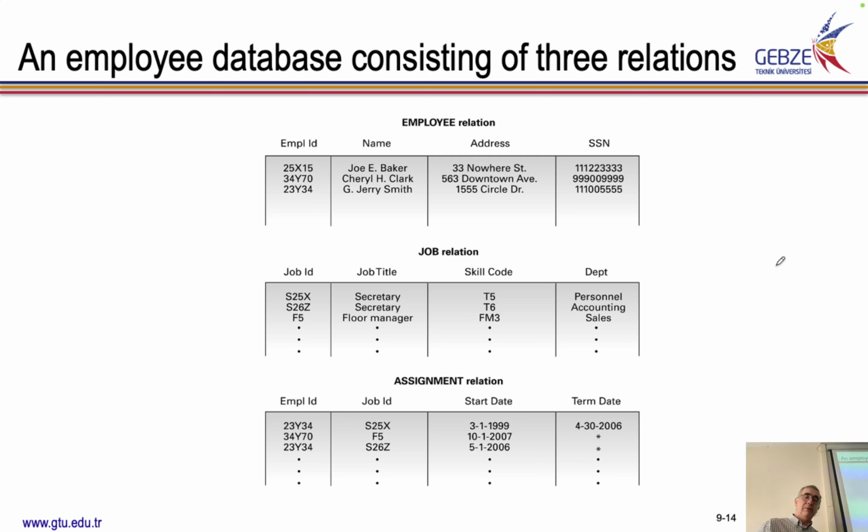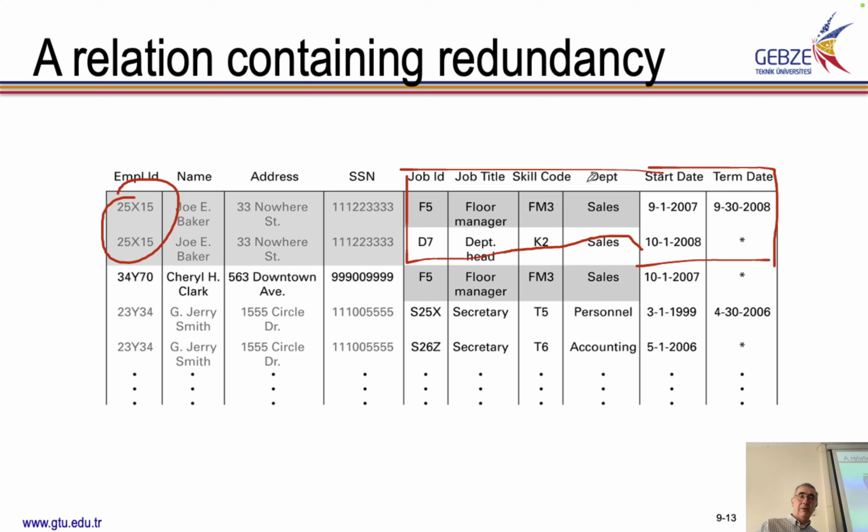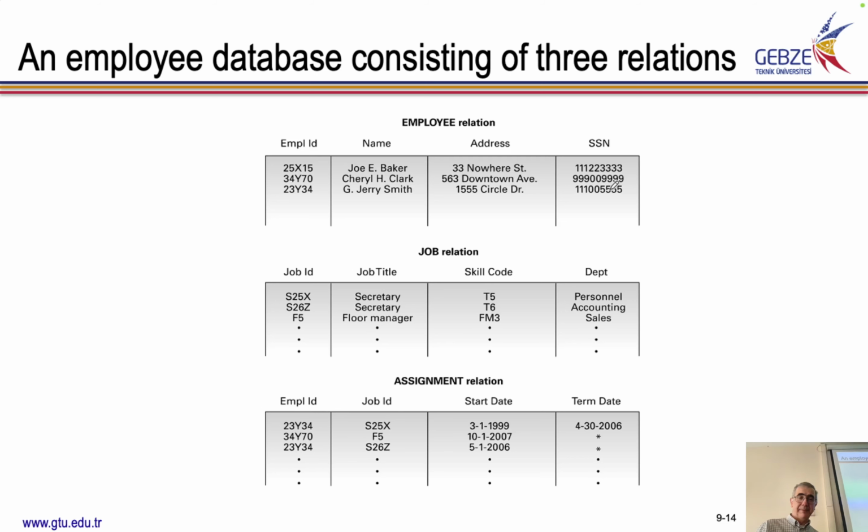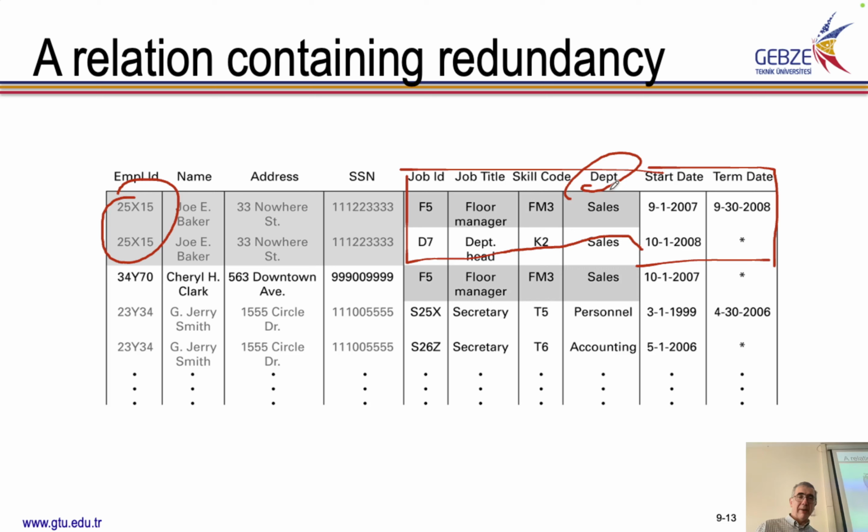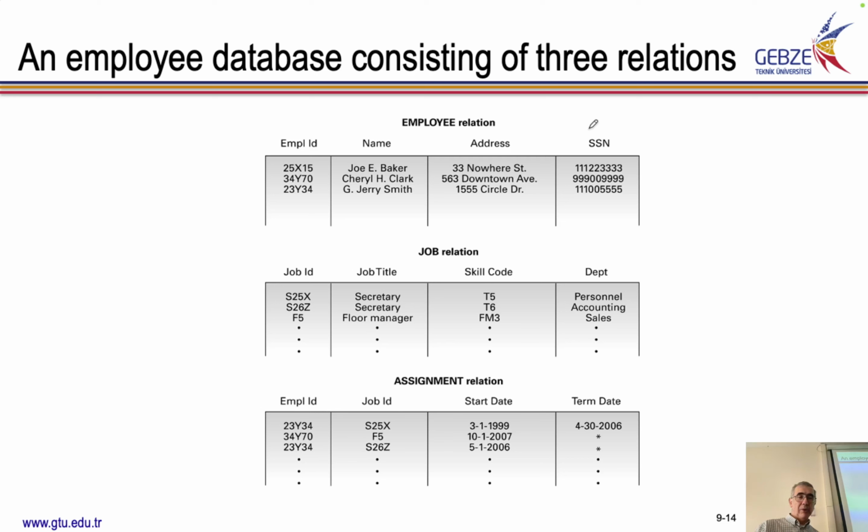Assigned to which floor? This floor. Where is it? Department. Assignment. Start date and end date. And job ID. So the first one says, who is this guy? Because who is this is one ID, address and name.